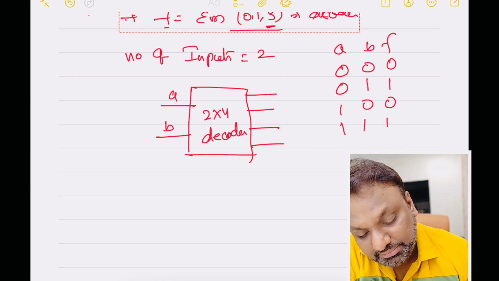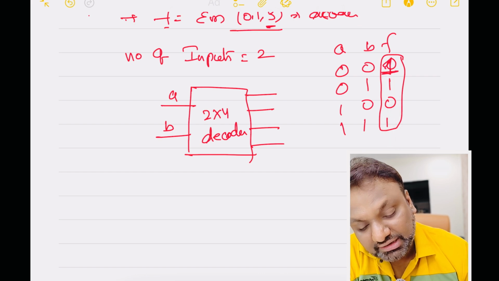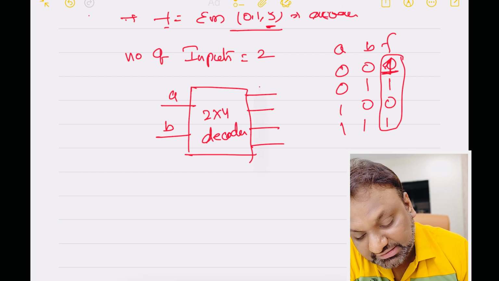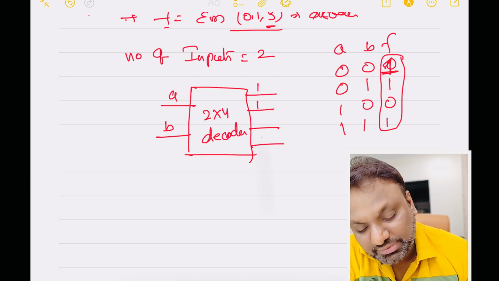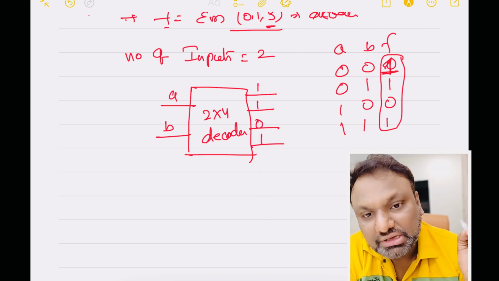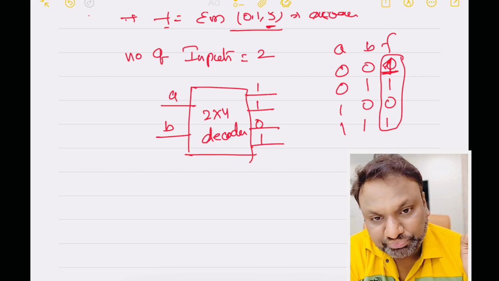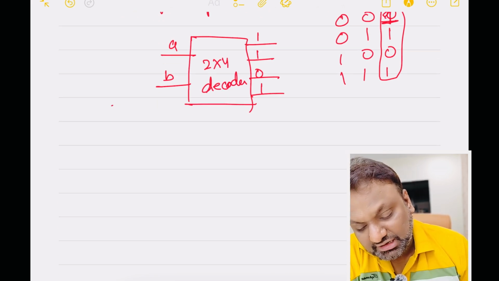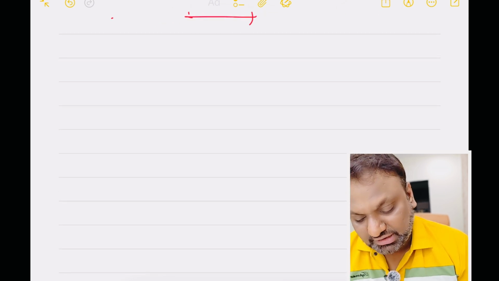So what you do is simply connect your output onto the decoder outputs. So at 0, 1 and 3 you will be having a 1, and at the rest of the places you have a 0. Okay, so this is the simple implementation.